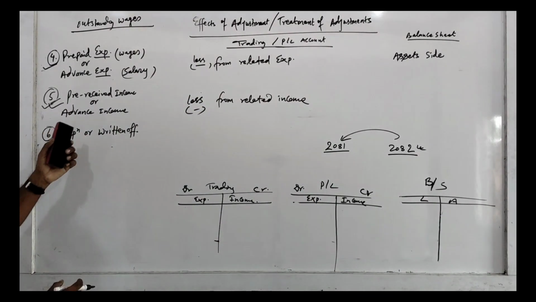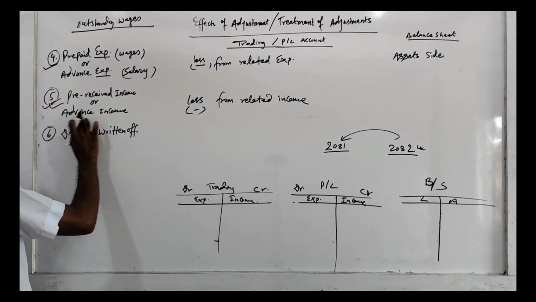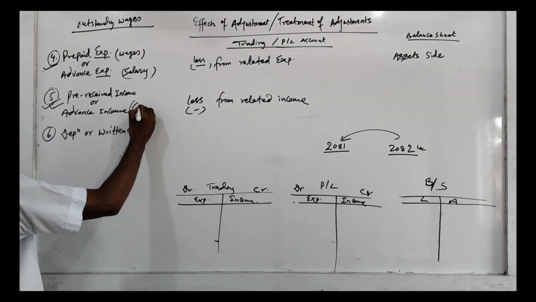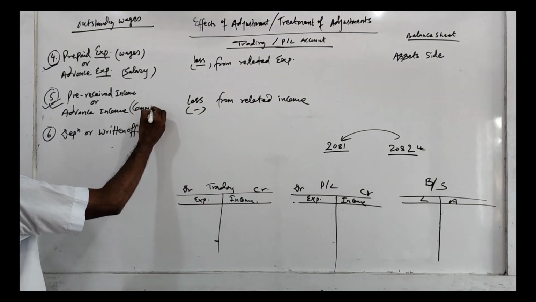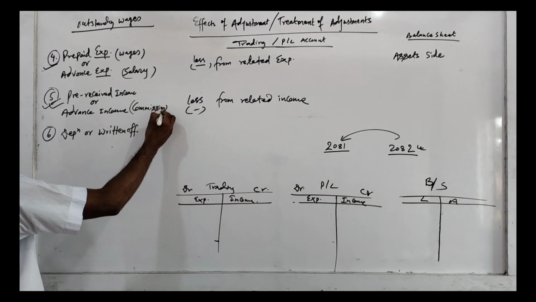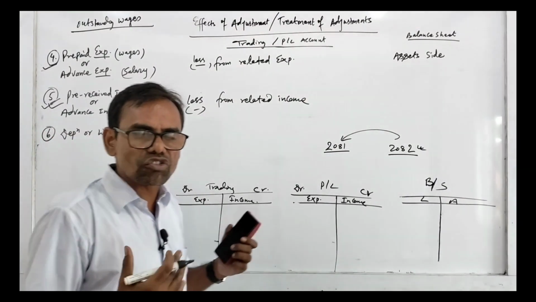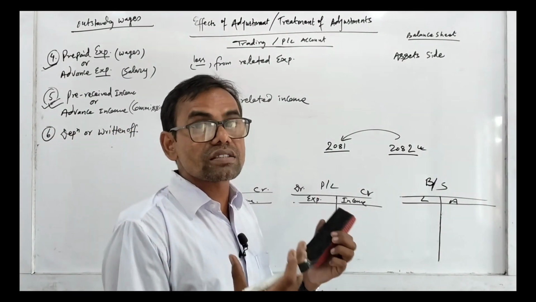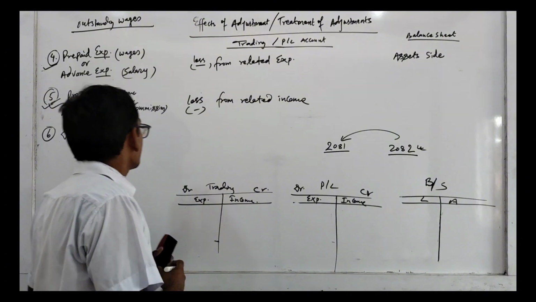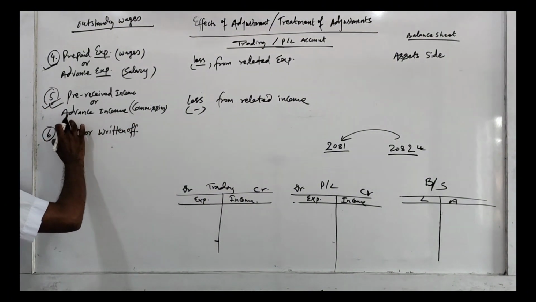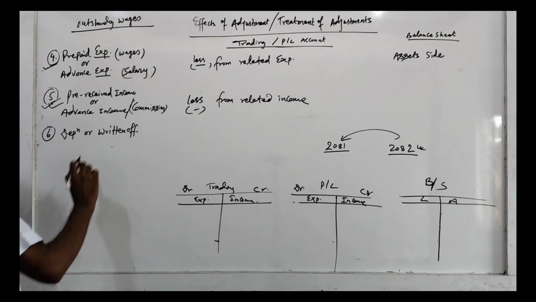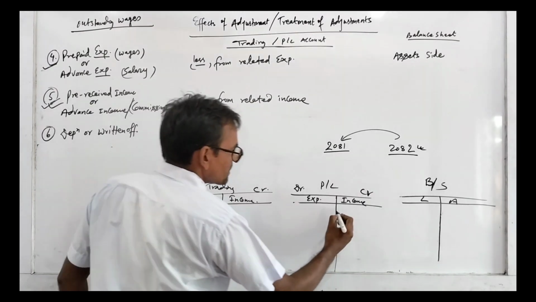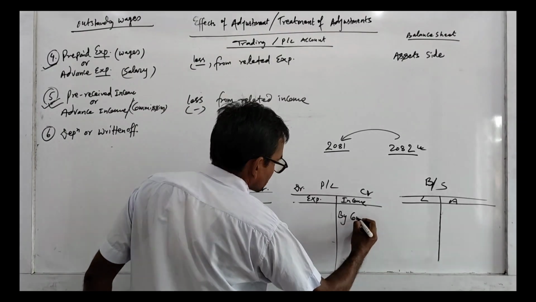So what types of income is it? Suppose that is advance income, or suppose that is advance commission. In place of income, that may be advance rent, advance discount received. So commission, advance income, that may be commission, and commission income is here by commission.